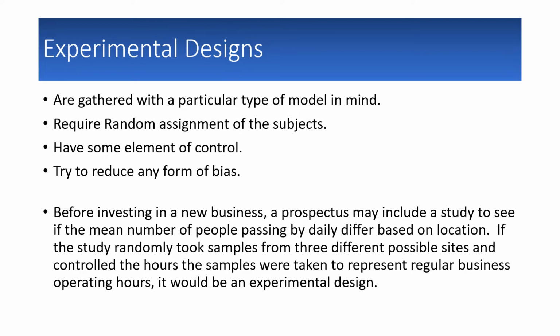If the study randomly took samples from the 3 different possible sites and controlled the hours the samples were taken to represent regular business operating hours, it would be an experimental design.